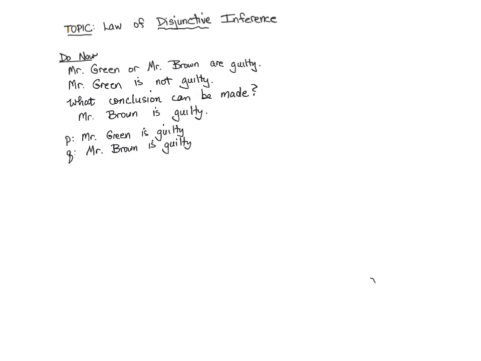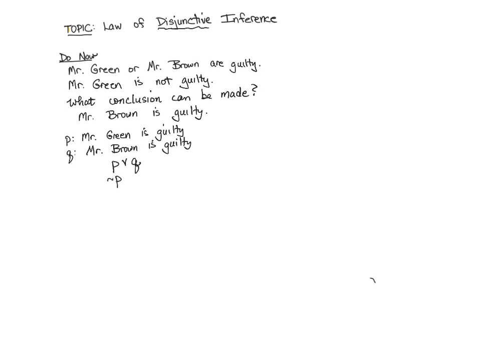The information you had at first can be represented as P or Q. Mr. Green or Mr. Brown are guilty. But then we've got the additional information that Mr. Green is not guilty. So that's not P.